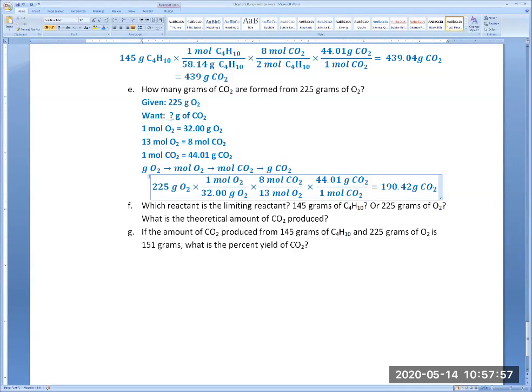We can cover the number of sig figs. So again, 1 mole of CO2, 8 moles of CO2 over 13 moles of O2, all of these are exact numbers. Here in the molar mass, we have 4 sig figs. There we have 4 sig figs. And so it's the given amount here that has 3 sig figs, and that is limiting the number of sig figs. So 3 sig figs. So we keep the 1, the 9, oops, and the 0.